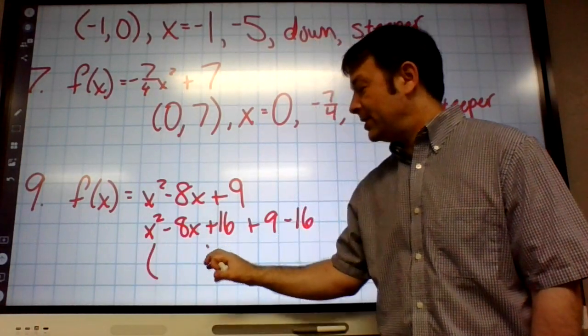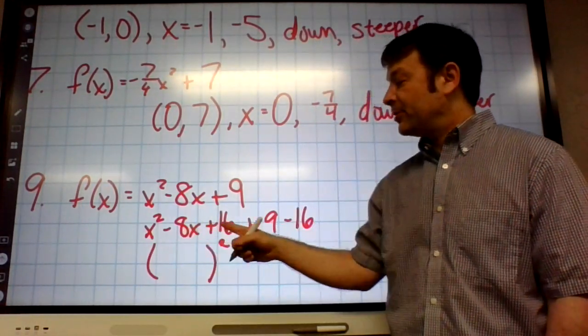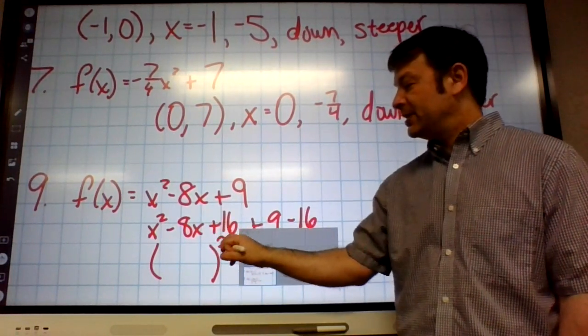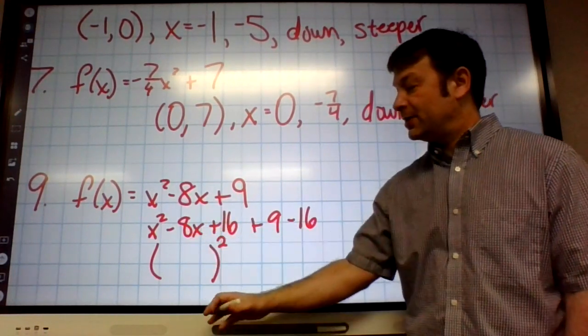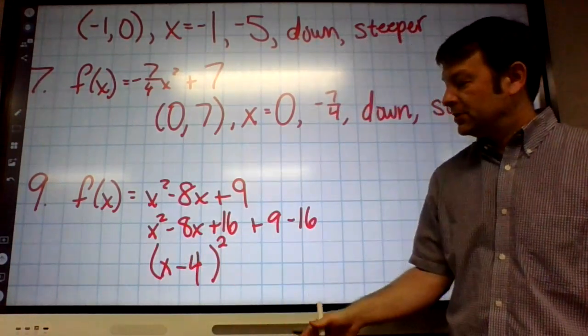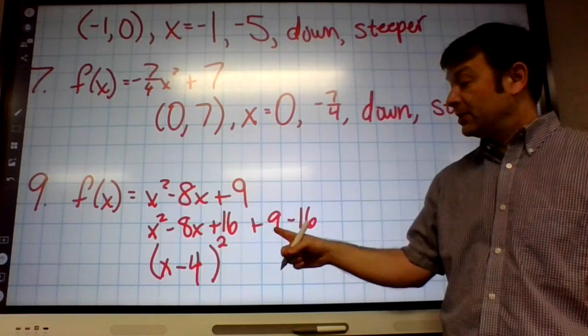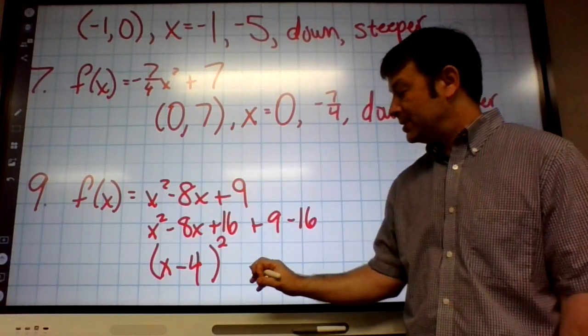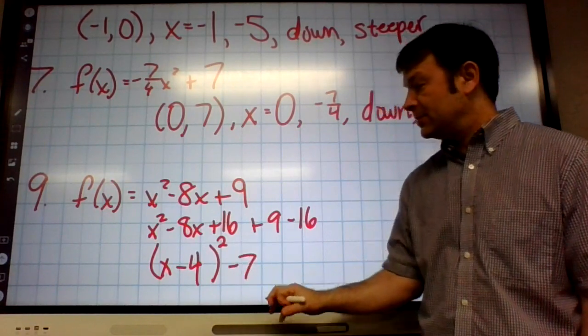Because this thing right here factors perfectly. What multiplies into 16 that adds up to -8? -4 and -4, or x minus 4 squared. And then this is left over. +9 minus 16 is -7.